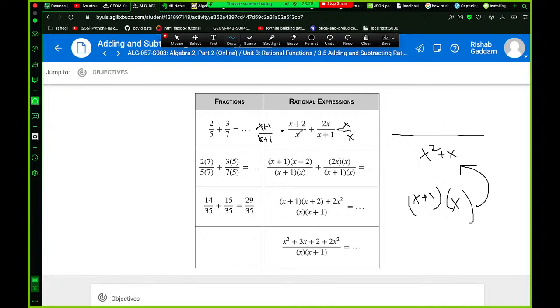So now we can multiply the numerators, and that's going to be x, and for this one it's going to be x plus 1 times x plus 2, and so that obviously is x squared plus 3x plus 2, and you have 2x plus 2x times x over here.